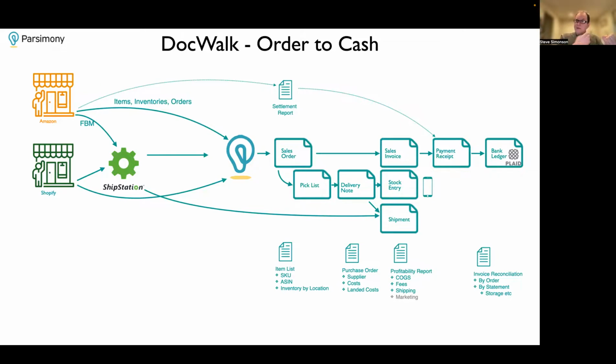That means the factory made it, put it on their dock for somebody else to pick it up. It includes whatever freight was required to get it from the factory to the point of storage or point of sale. So that could be a 3PL, it could be FBA, it could be wherever. It includes any customs, it includes any fees or other things to clear customs. All of those things, insurance, any of that stuff should be baked in.